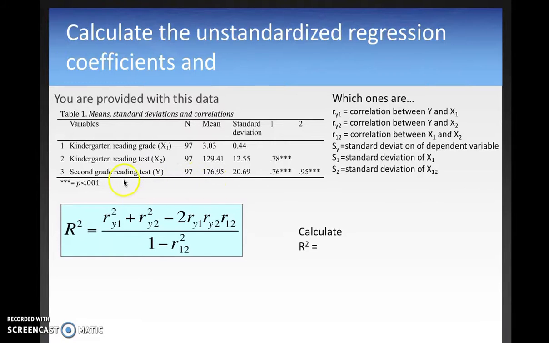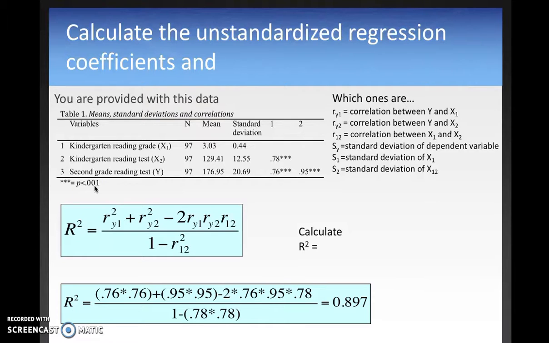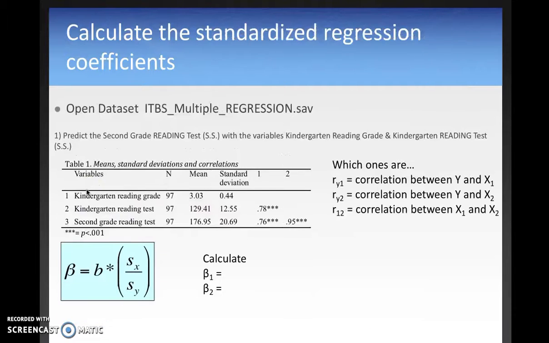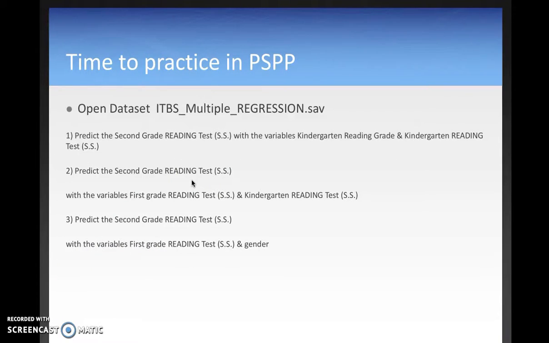And here is an example of how you could calculate the r squared. And here is an example of how you could calculate the standardized partial beta coefficients. And here is an example that we can walk you through in SPSS.